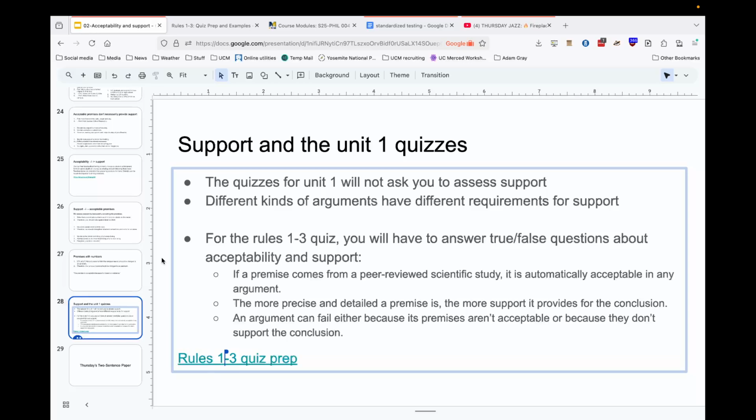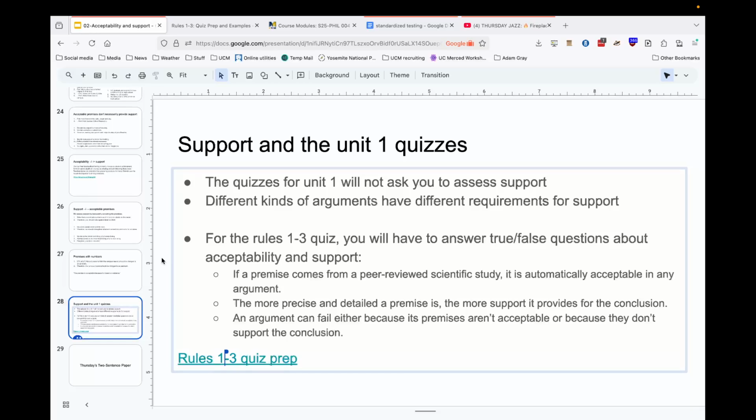Sahana? I'd say it would depend on the topic of the study and the topic of the argument. Good. So true, false. Is this sentence true or false? False. Correct. So this sentence is false.